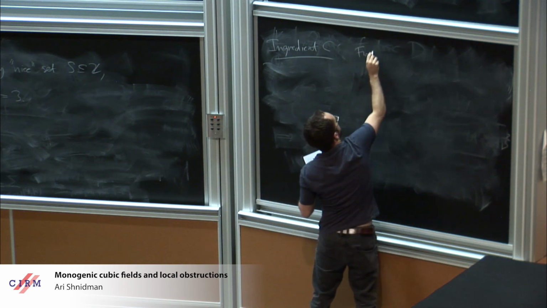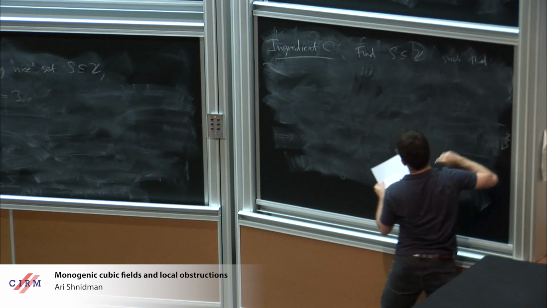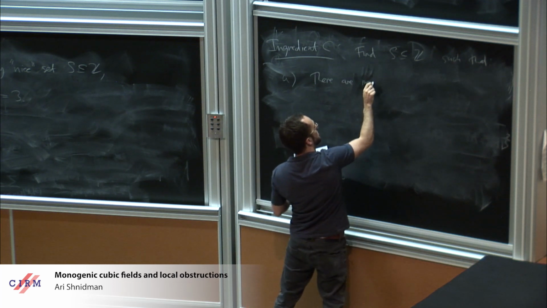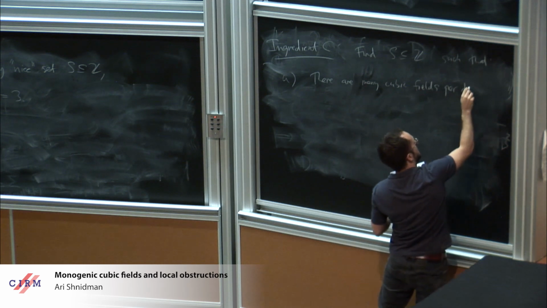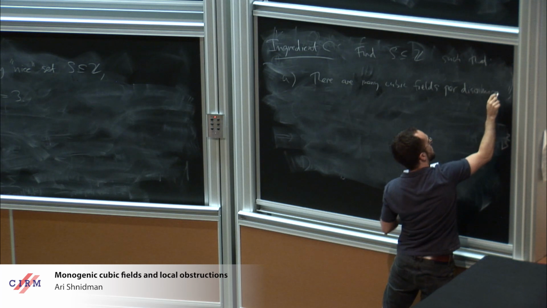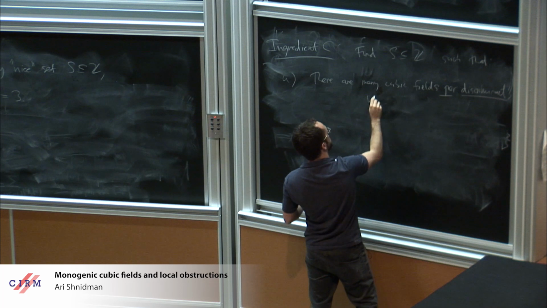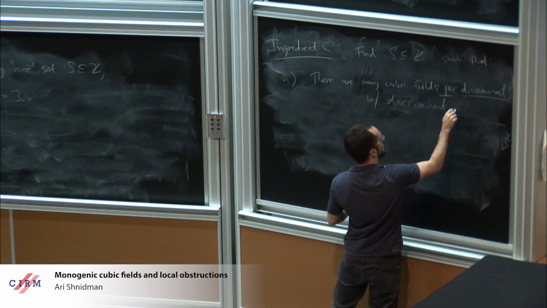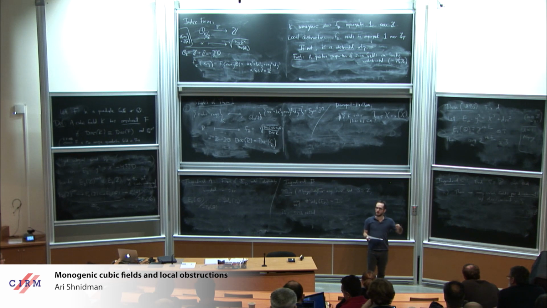We're gonna find a nice set S with the two following properties. First of all, that there are many cubic fields with discriminant in S. Many meaning many more than the density of the set S within integers up to X itself.